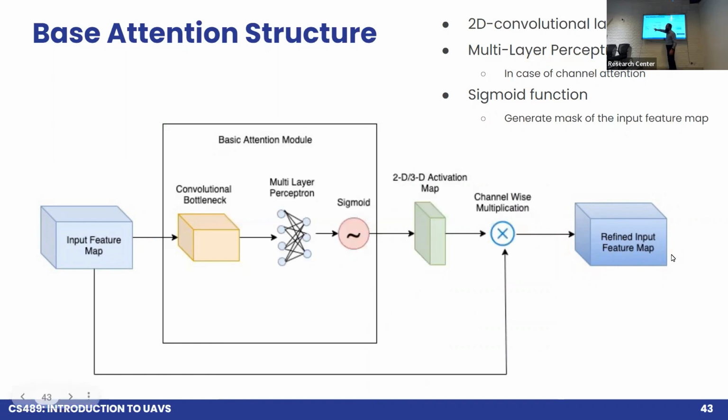This is where you can play with the architecture. But basically, all you need to do is generate a 2D or 3D activation map, which will act as a weighting module for your original feature map. If you understand only this from the presentation, you get the whole attention picture for computer vision.